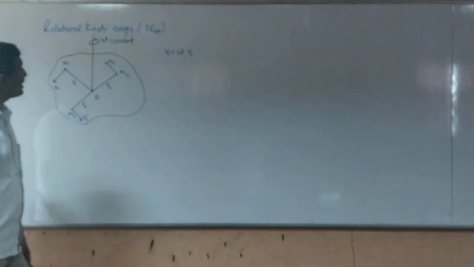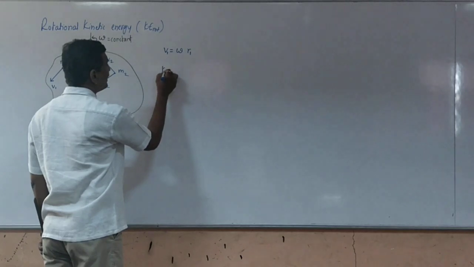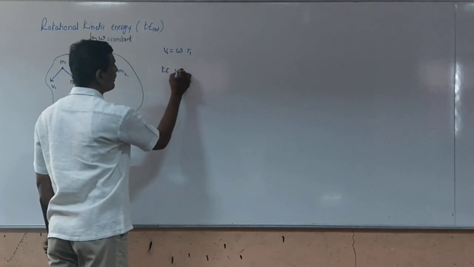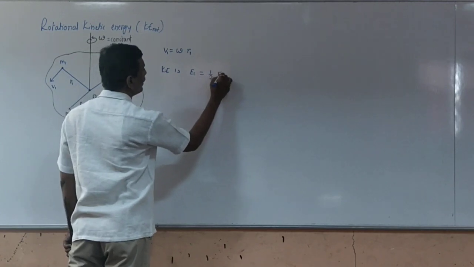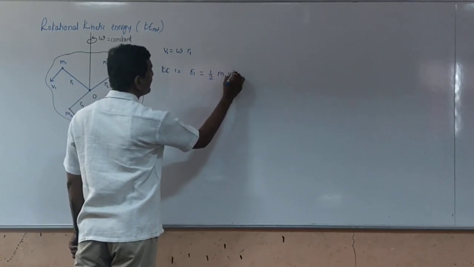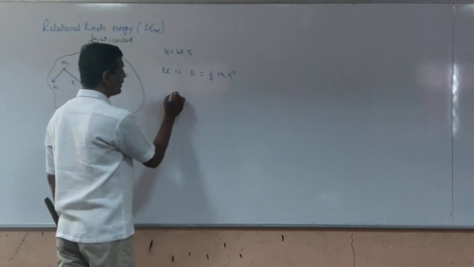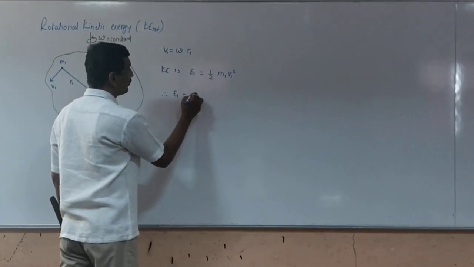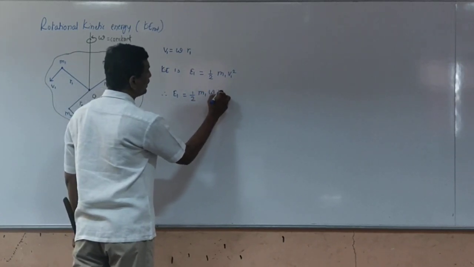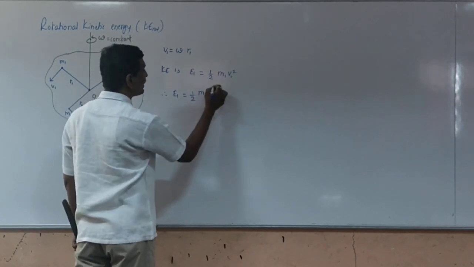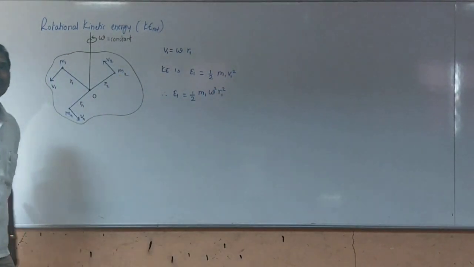Then what is its kinetic energy? Its mass is m1, so its kinetic energy is denoted by letter E1. E1 is 1 upon 2 m1 V1 square. Put the value of V1 here. We get E1 is equal to 1 by 2 m1 omega into R1 whole square, so it is omega square into R1 square. This is the kinetic energy of the first particle.